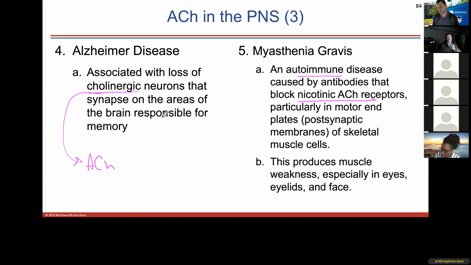There's some drugs that help bolster those synapses, kind of counteract some of the effects of myasthenia gravis. It's kind of interesting, but Alzheimer's disease and myasthenia gravis are just two of those different conditions that affect a specific type of acetylcholine releasing neurons.